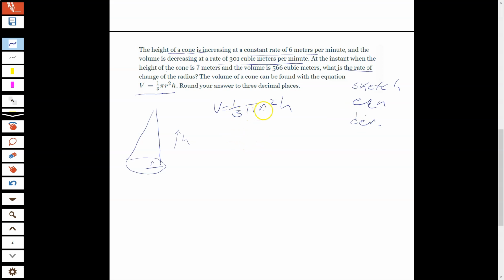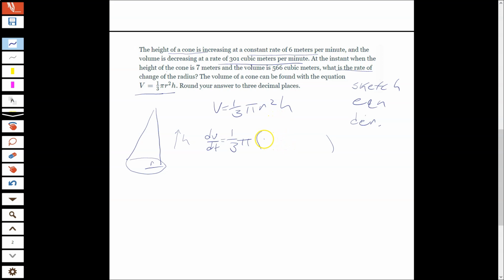And remember, all of our variables, and pi is not a variable, all of our variables are functions of time now. So the derivative of V is dV/dt. 1/3 pi is a constant, so I'm going to go ahead and pull those out right away. And then we want the derivative of the inside now. So we want the derivative of r squared times the height. So these are both functions, so we're going to do product rule here.